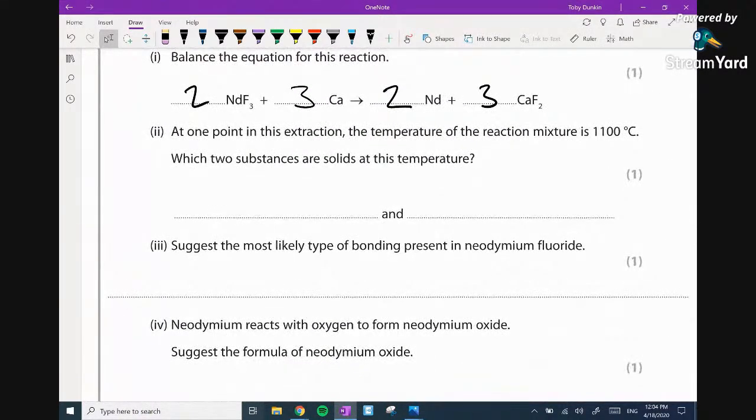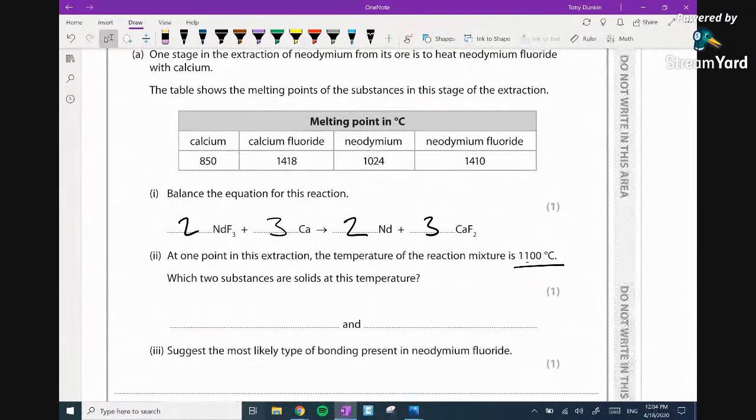At one point in the extraction, the temperature of the reaction mixture is 1,100 Celsius. Which 2 solids are solids at this temperature? So who has a melting point above it? Those guys. And notice they've given you a nice big space. It says which 2, but you're just going to give the full name of this.